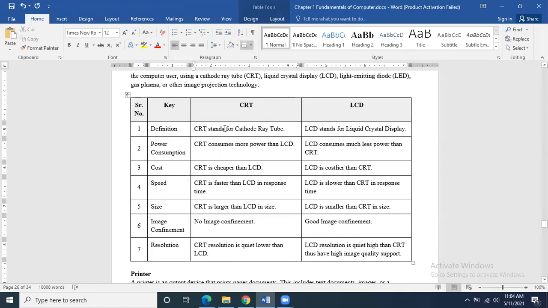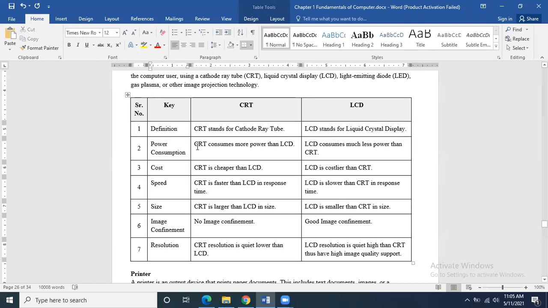So what are the differences? The question can be asked in your paper to differentiate between CRT and LCD. How are we going to differentiate between CRT and LCD? CRT is the device called cathode ray tube. The first difference is in the abbreviation. LCD stands for liquid crystal display.